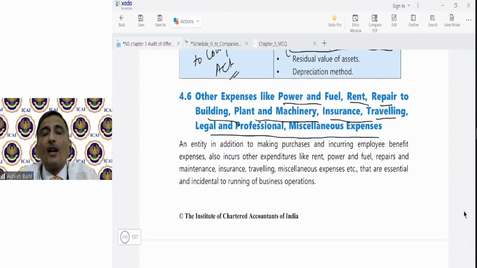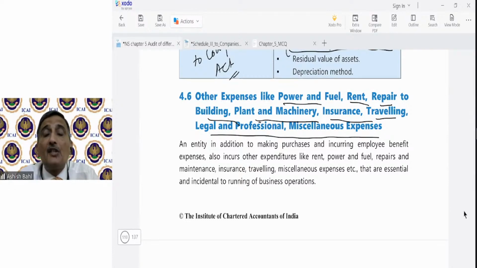Similarly for insurance, insurance obviously is going to be verified from the insurance policy: on which items the insurance has been taken, whether it pertains to stocks, machinery, building, to which items it pertains.